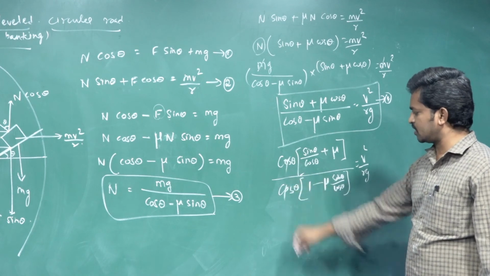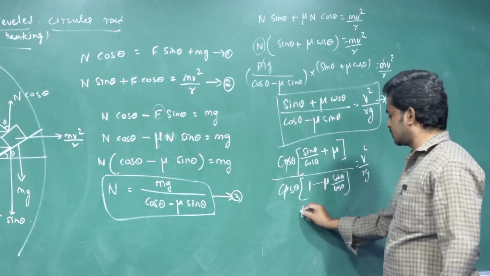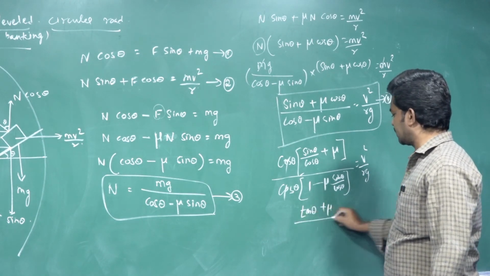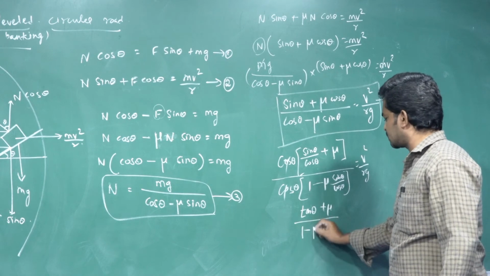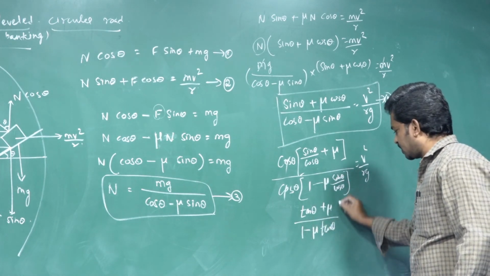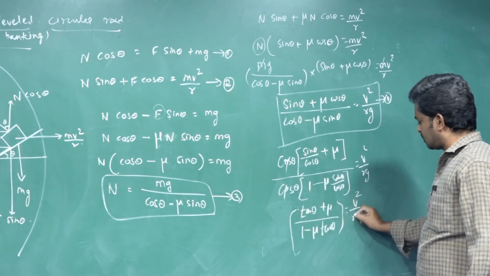So cos theta cancels. The remaining value, sin theta divided by cos theta, is tan theta. So tan theta plus mu divided by 1 minus mu tan theta equals v square divided by rg.